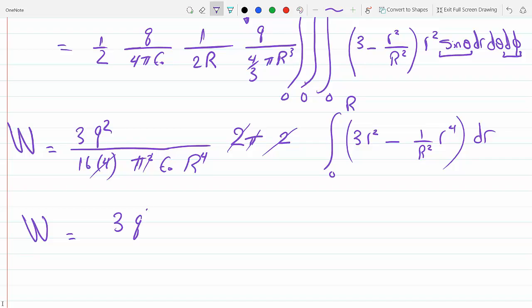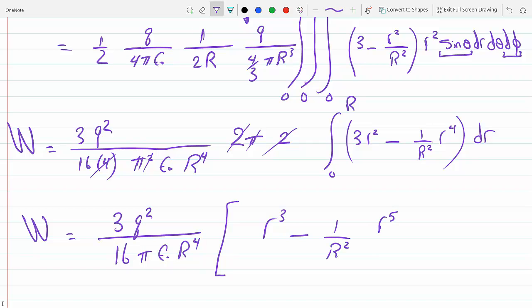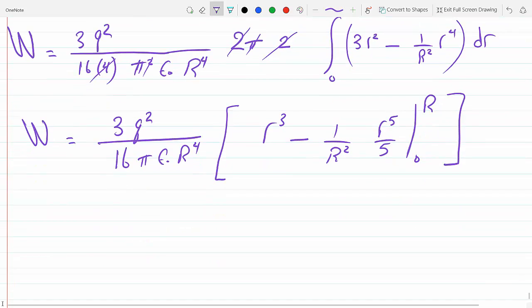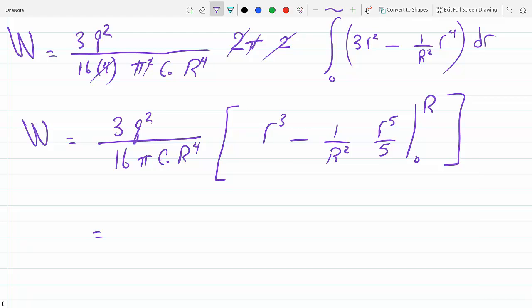Okay, let's do this. So 2, 2, 4, 4, pi with pi. We have left 3Q squared over 16 pi epsilon R to the 4, and this integral comes out to be r cubed minus r to the 5 over 5R squared from 0 to R. The 0 will kill it, and then the capital R will make this 3Q squared over 16 pi epsilon R to the 4.